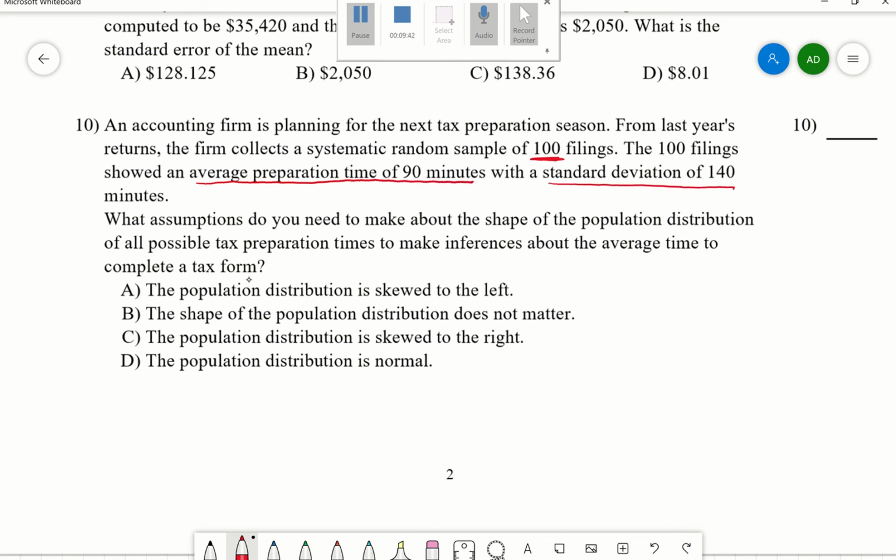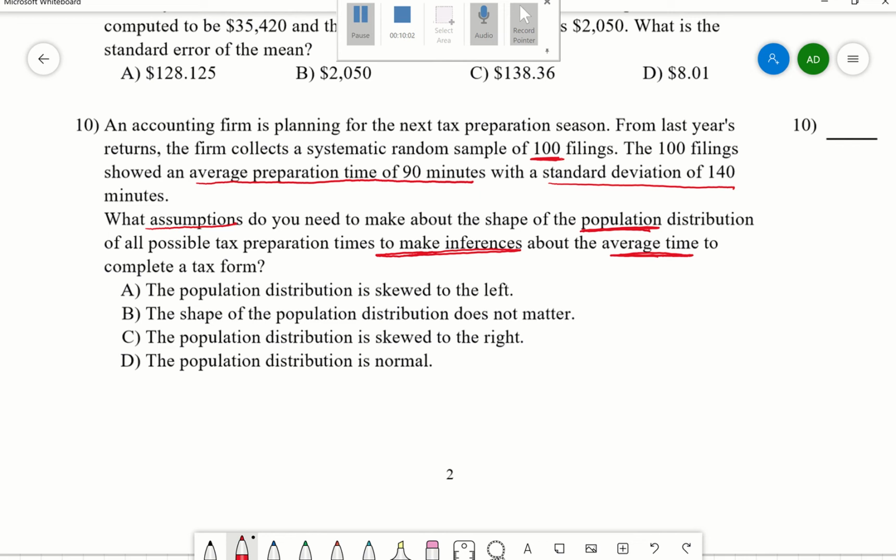Okay, what assumptions do you need to make about the population? Do we need to make any assumptions about the population to make an inference about the average?